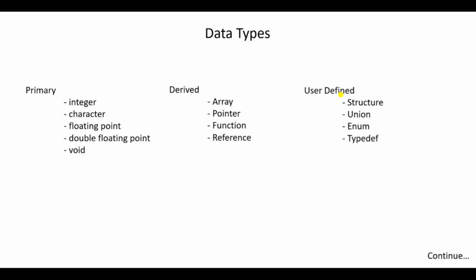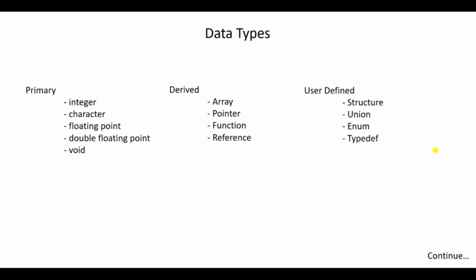So if it is an integer array, then all elements will be integer. Whereas in a structure, you can mix it. Within a structure you can have an integer variable, a character or float element. So you can club different types within a single structure.